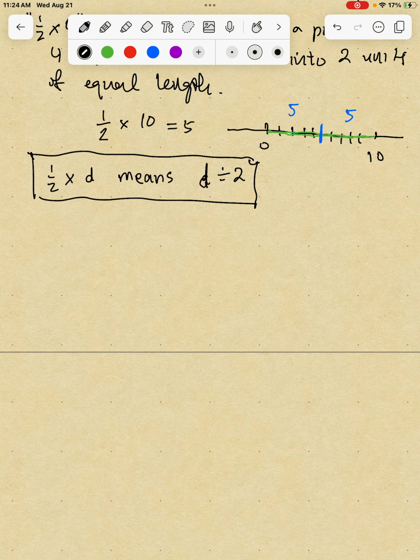Okay, now let's multiply, and in general, 1 over n times d means I take d and divide by n.